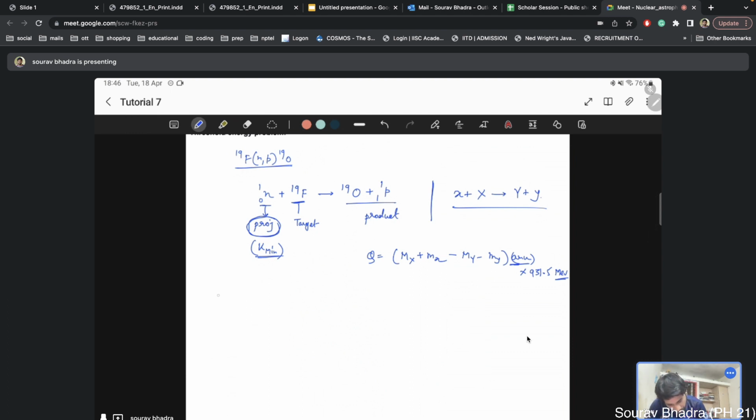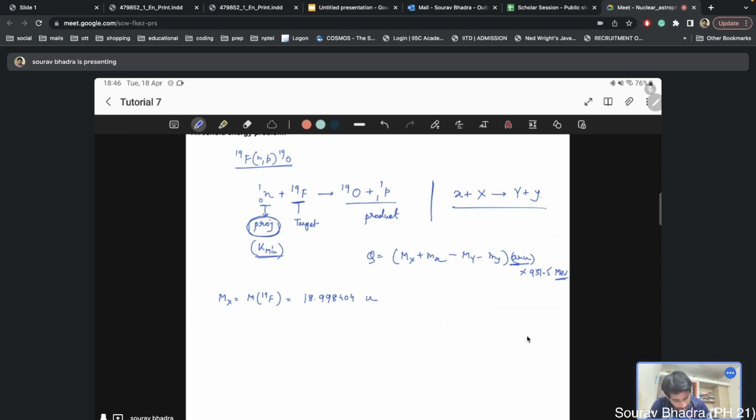Suppose the value of X, that is mass of 19 fluorine, is 18.998404 U, the AMU unit.